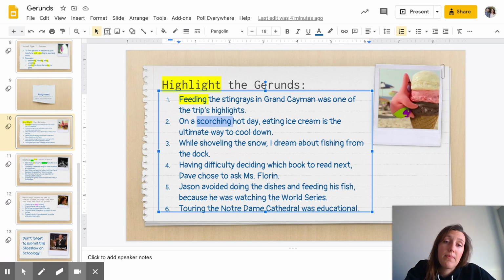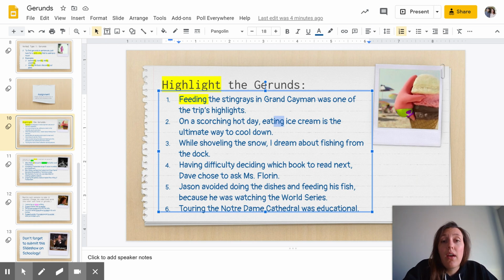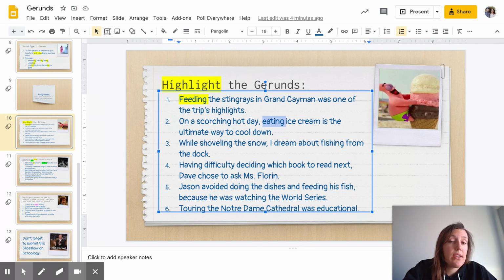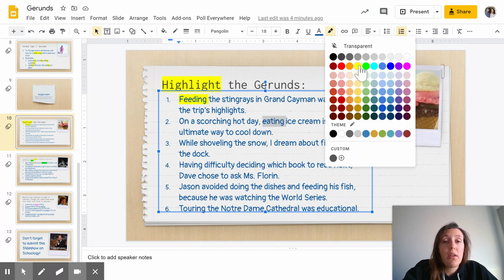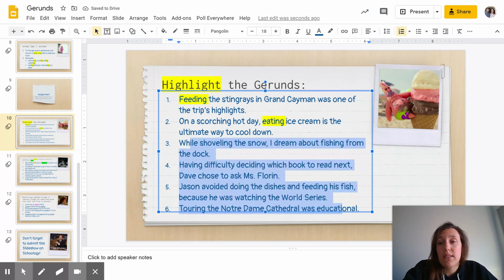So it's not that one. So keep looking. We got to look for another ing word, eating. Eating ice cream is the ultimate way to cool down. So eat is a verb. It ends in ing, and it is a noun. So eating ice cream. So that's something people can do, and that's the noun of this sentence. So we're going to use this little marker button and highlight eating. And then you just need to do 3, 4, 5, 6.